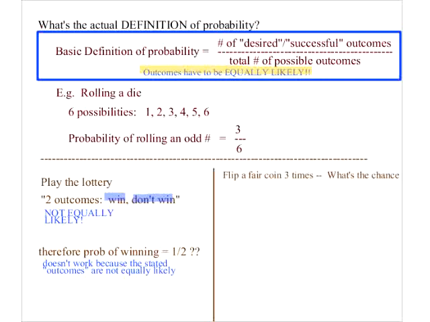What's the chance of getting exactly 1 head? Let's do this by just listing outcomes and counting them, according to this basic definition of probability. I'm going to show you one incorrect analysis and one correct analysis.